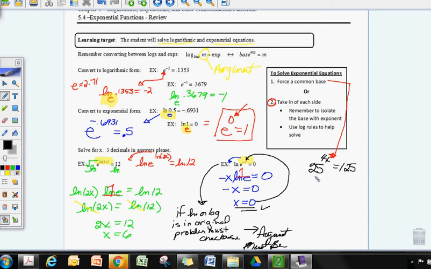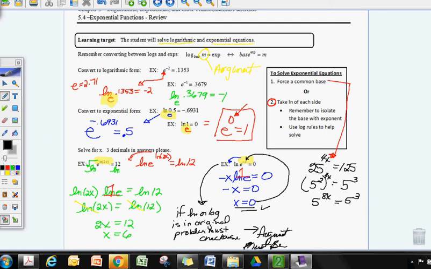Do you see 25 can be rewritten as 5 to the second power, and then it's raised to the 4x? And 125 can be rewritten as 5 to the third power. So this is 5 to the 8x power would equal 5 to the third power.